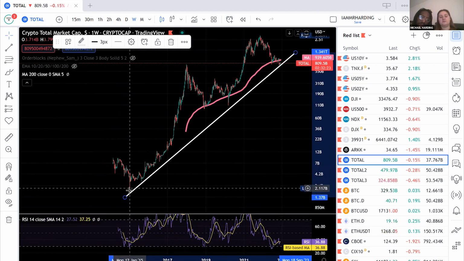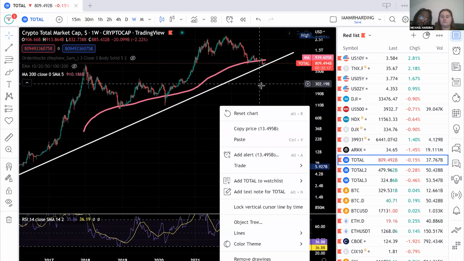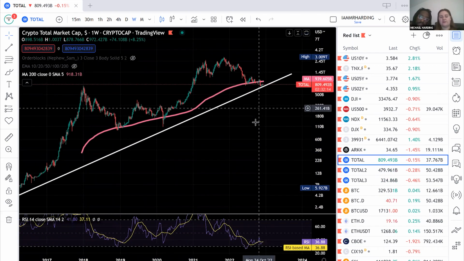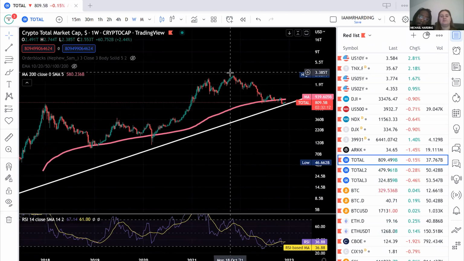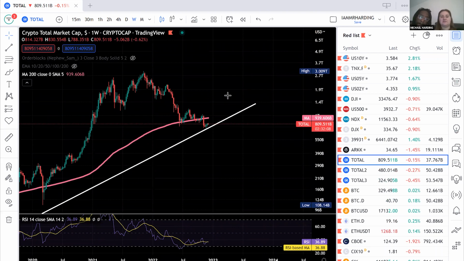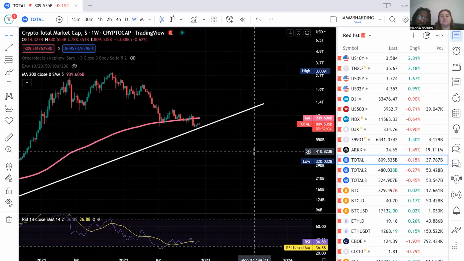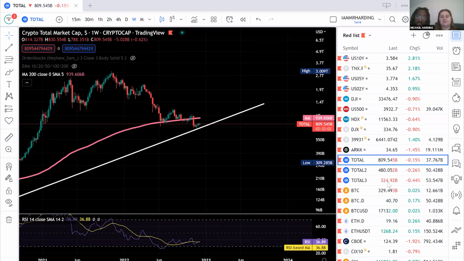Well, technically, you could argue that it started in January 2015. But that's altcoins. So overall, as you can see, we are still in a bull trend. Obviously, we have had some recent sideways movements on the total. This is still the total crypto market. It's just what it is right now. We just got to get through it.